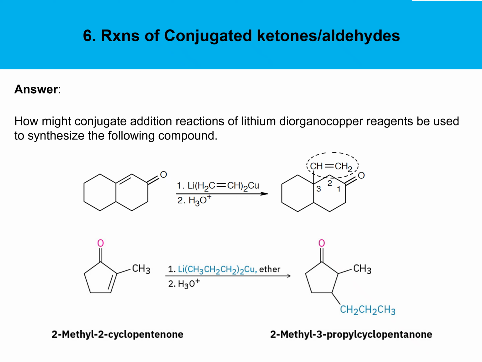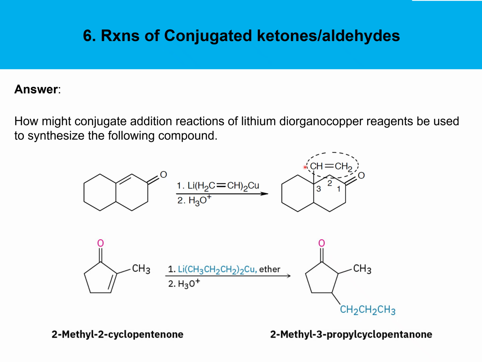As a reminder, lithium diorganocuprates or copper reagents are compounds that add reversibly to the beta carbon. And so when looking at the two products that we have in this question, so here is the first one. We have a ketone, and at the beta carbon, so if you count, this is carbon 1, this is carbon 2, this is the beta carbon.